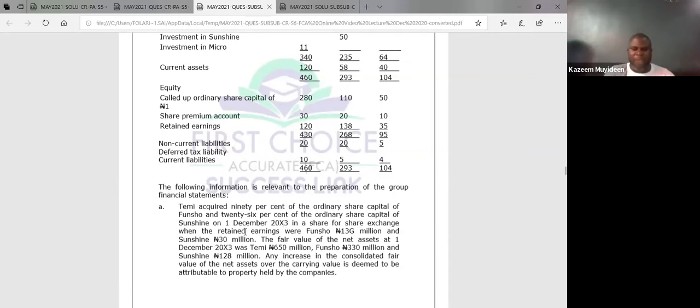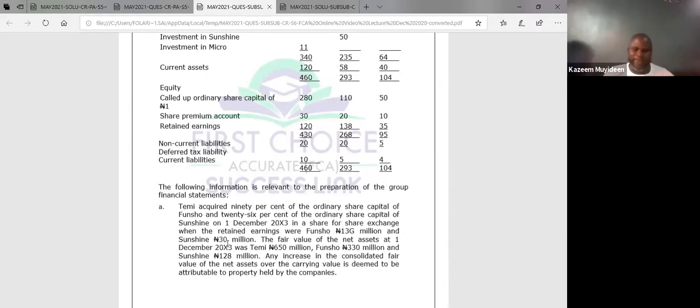In a share for share exchange, the retained earnings of Fusion was 136 million, and Sunshine was 30 million. It's an associate. Do I need to share the profits by going to the retained earnings?